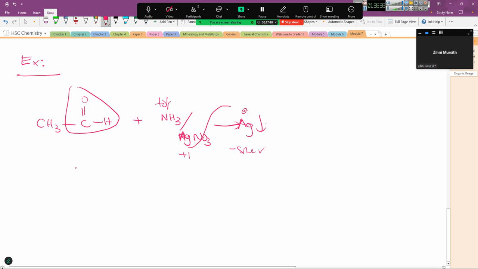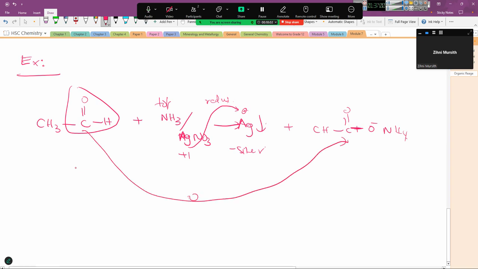So plus 1 to 0 is going to be reduction. If Ag is reduced, then the carbon should be oxidized. So if the carbon is oxidized, we will produce CH3, C double bond O minus and NH4 plus. Here this is oxidized.